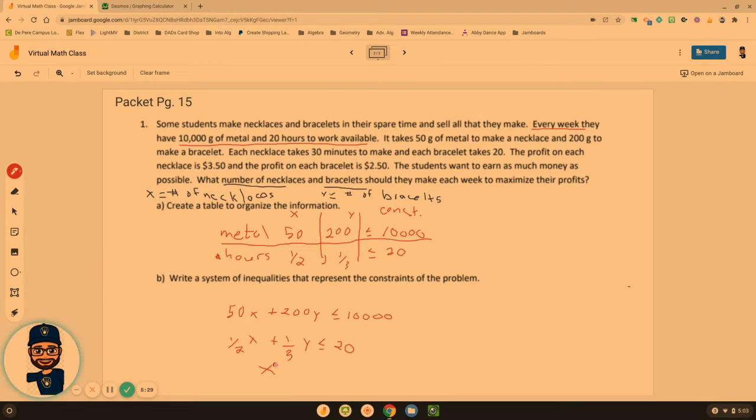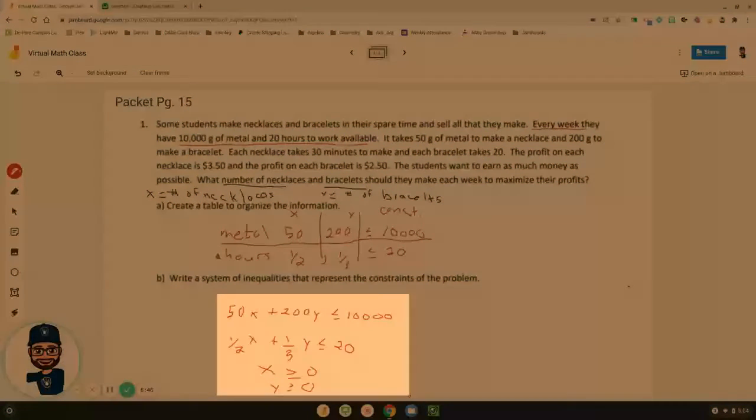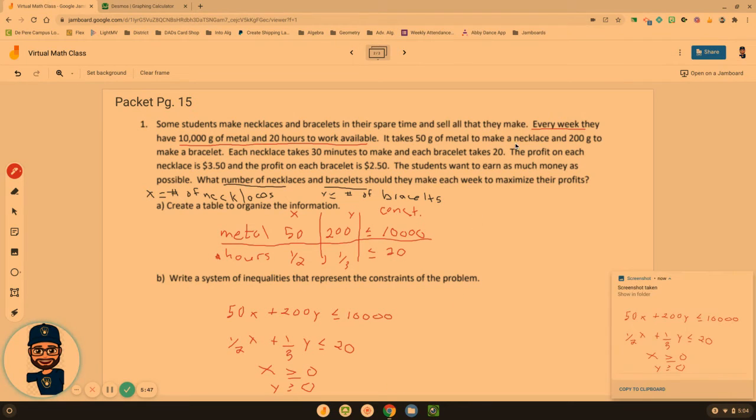X, the number of necklaces we make, has to be greater than or equal to 0. The number of bracelets we make has to be greater than or equal to 0 as well. Okay, so those are the inequalities that we can use. And again, I'm trying to get those from a table, going back into that story problem.